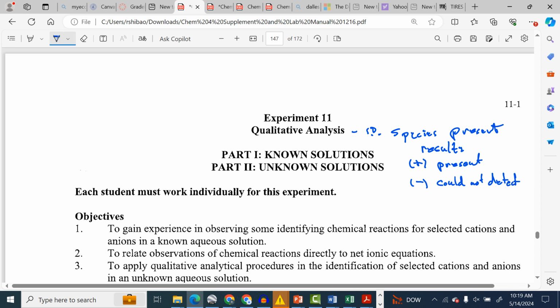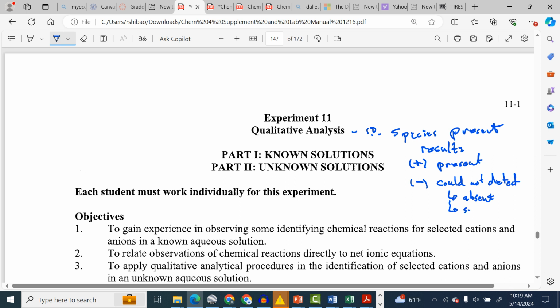There could be 2 reasons you could not detect. It's absent, or the quantity is so small it went unnoticed. But that's like the number 2 we're using to see how small. Exactly.